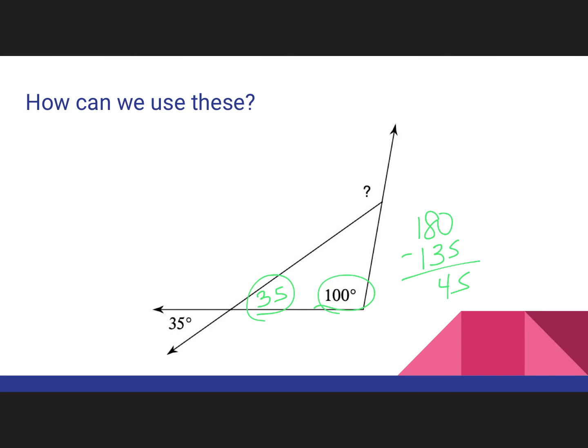So then this angle right here is 45. But I'm trying to find this angle. Well, the 45 degrees and that angle make a straight line. So 180 minus 45 gives me 135. So this one is 135. All I'm doing is sort of playing with these angles.